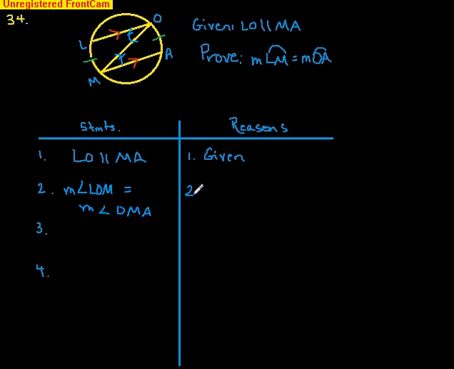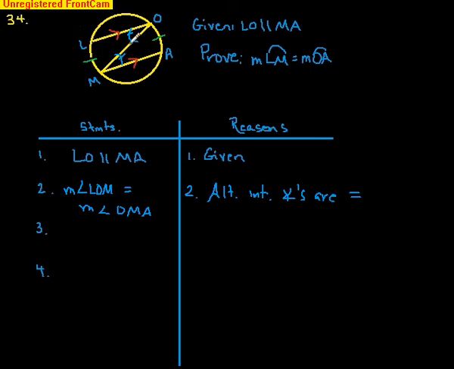And the reason for that is, for parallel lines, what are these called? Good review for the final. These are alternate interior angles. So you could just say alternate interior angles are equal.